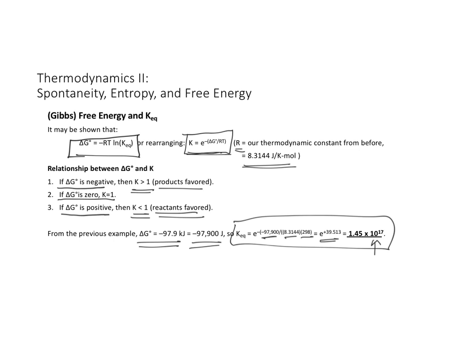So when delta G is negative, we get an equilibrium constant greater than 1. When delta G is a large negative number, we get a very large equilibrium constant, and we would argue that the reaction goes to completion. When delta G is positive, the reaction is not spontaneous, and we get an equilibrium constant that's less than 1.